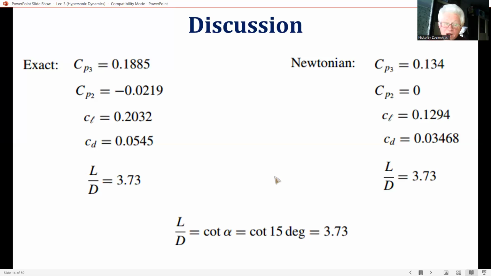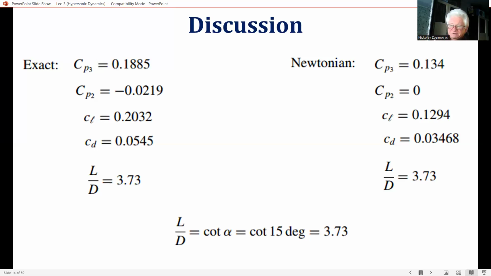And this is no surprise, for two reasons. First, because the Newtonian values of CL and CD are both underpredicted by the same percentage, and hence the ratio is not affected. And second, the value of the lift to drag ratio for inviscid flow over a flat plate, no matter what theory is used to obtain the pressure on the top and bottom surfaces, is simply a matter of geometry, as discussed earlier.